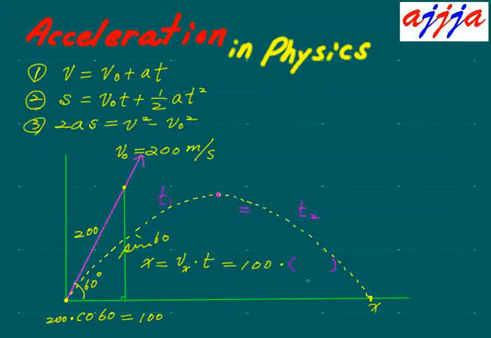All we need here is T for time. What kind of rule do we have to use? We've got to use this one right here, because of the final velocity.